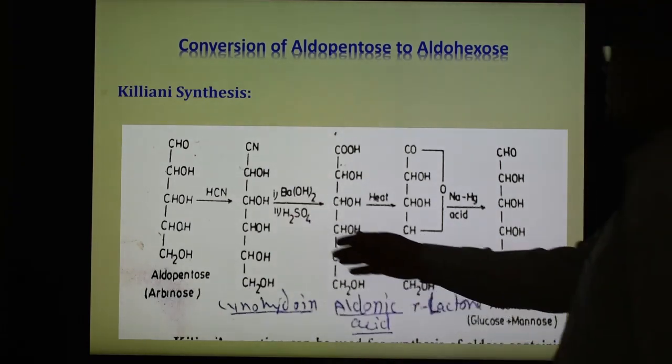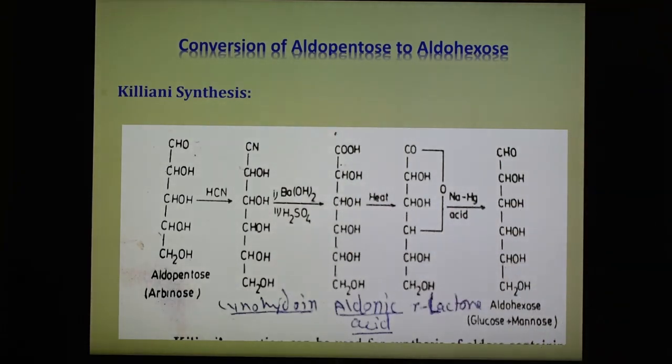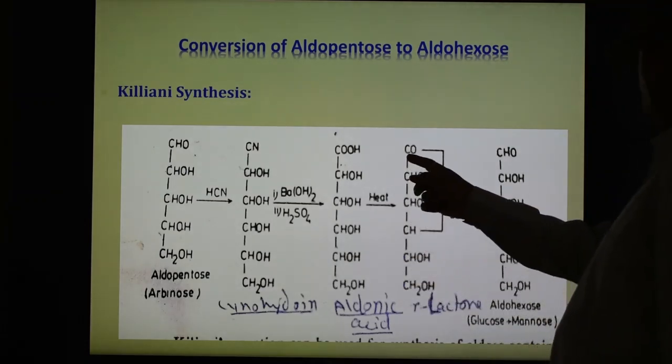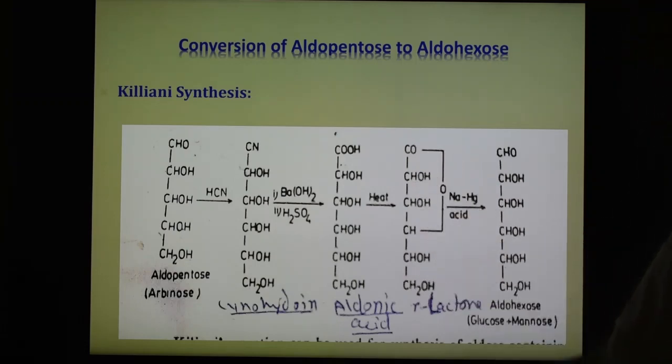This is hydrolysis, and the CN is converted into a COOH group, which is known as the aldonic acid group. And then when the aldonic acid is heated, we obtain this type of compound with 4 carbons, and this group gets attached, and we get the gamma lactone.